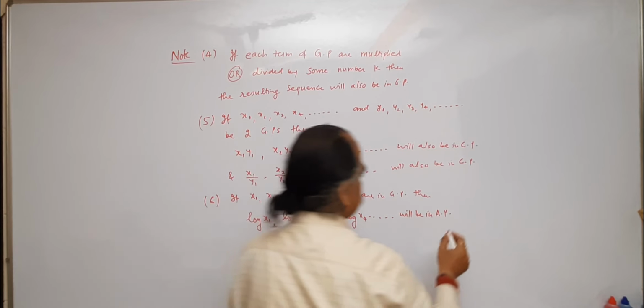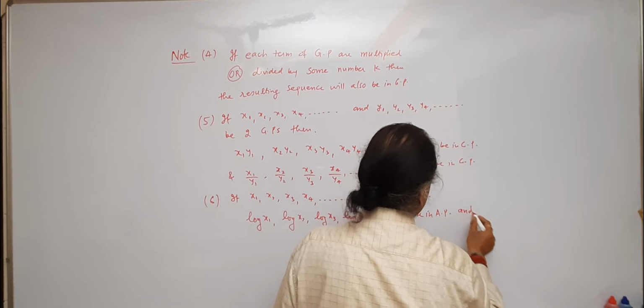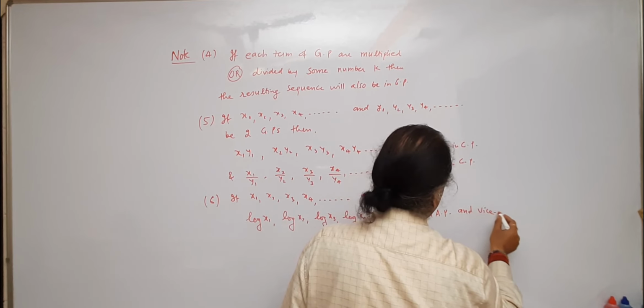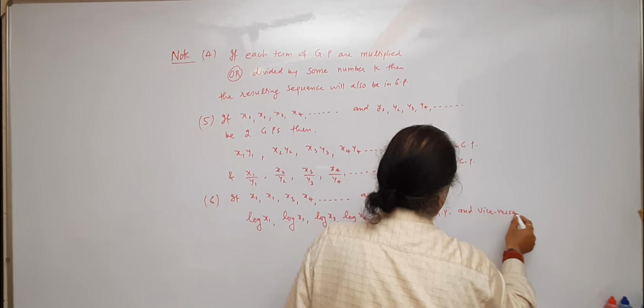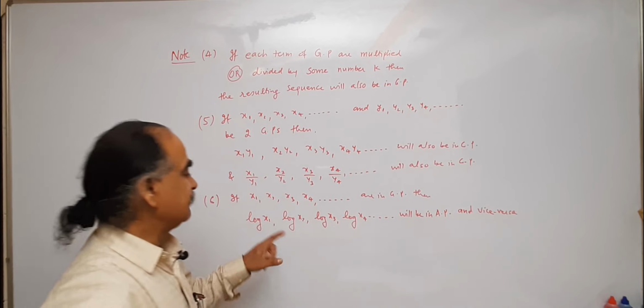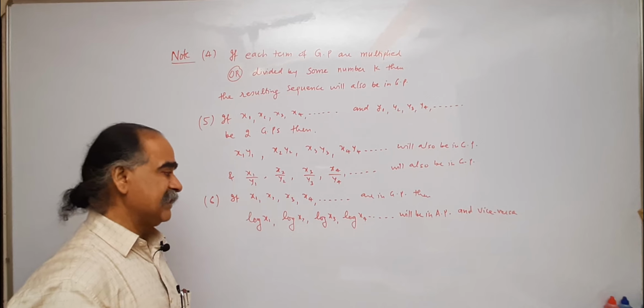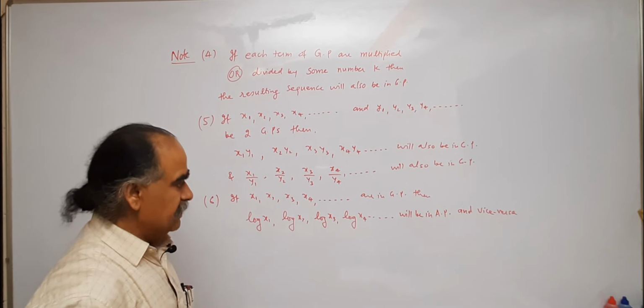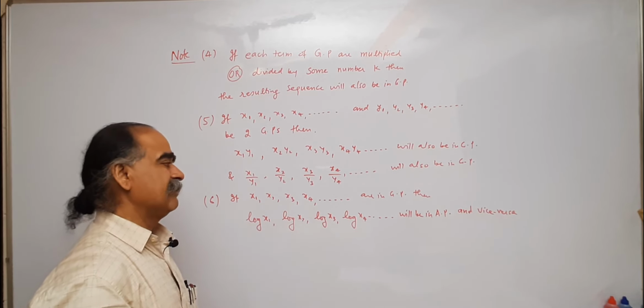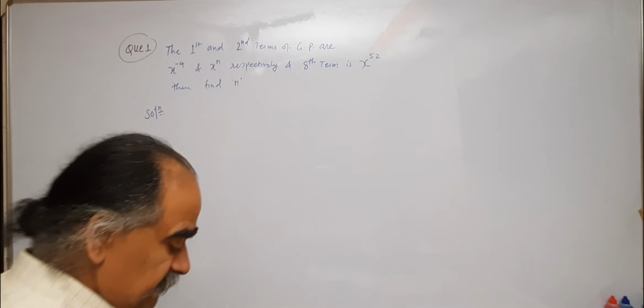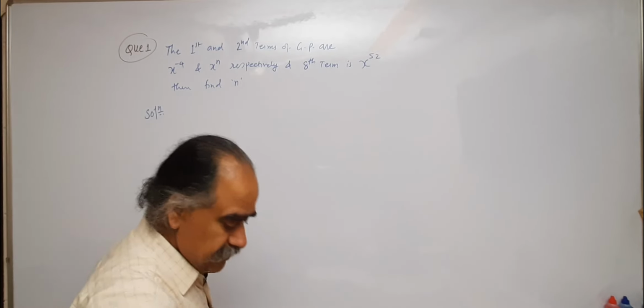And vice versa. That is, if log x1, log x2, log x3, log x4 are in AP, then x1, x2, x3, x4 will be in GP.